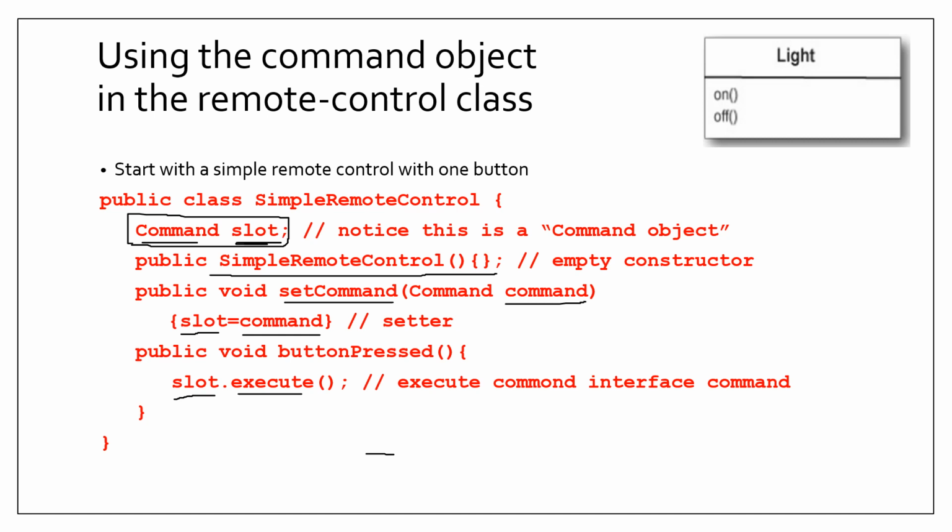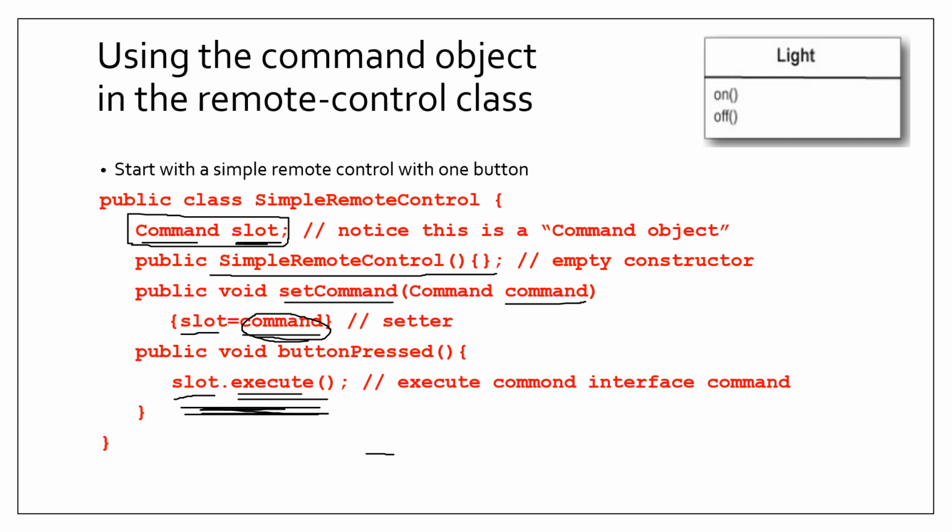Why can we do that? Because the command object always implements the command interface, which contains this execute. Now, does the remote control know anything about what's inside this execute method? It does not, and that's the beauty of it. We could just as easily have handed this thing a light or a fan or a hot tub command object, and it doesn't know anything about what's inside.